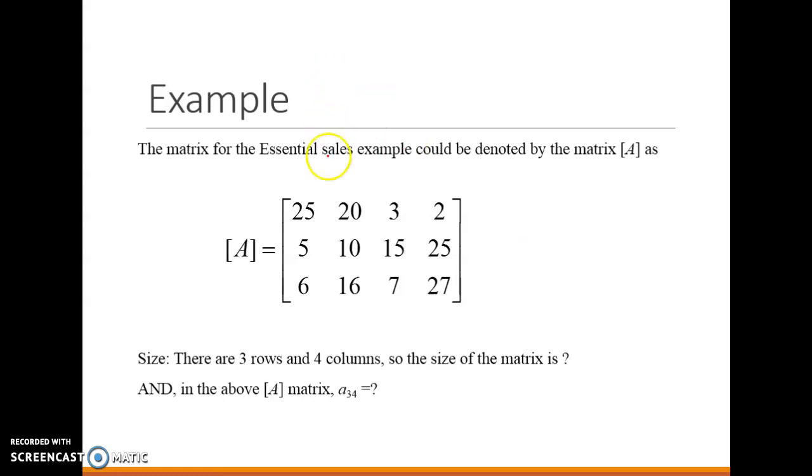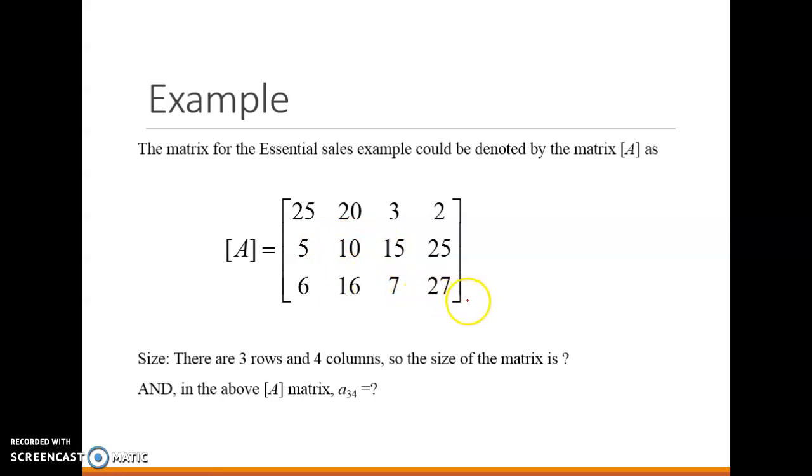For example, this is the matrix for essential sales, which is represented by A, and this is the symbol which is used for a matrix. This is the data we have for the essential sales. In this example, what would be the size of the matrix? There are 3 rows, right?